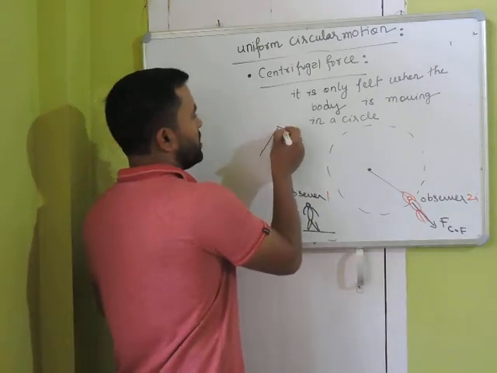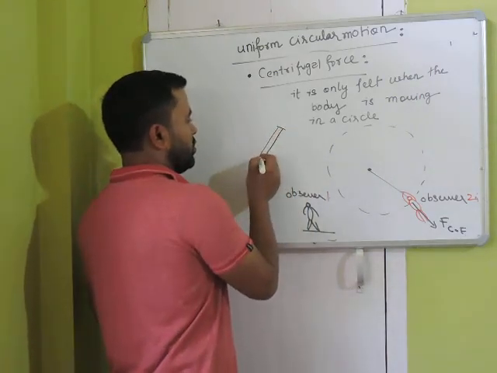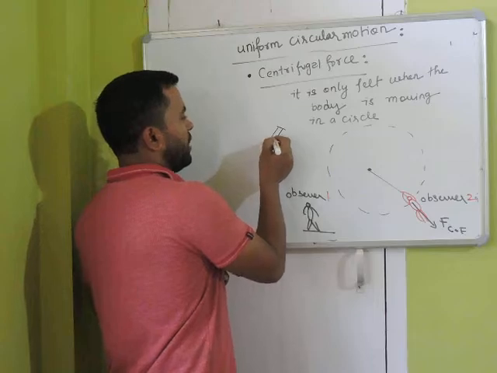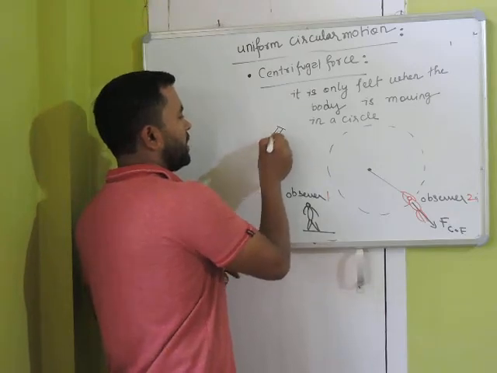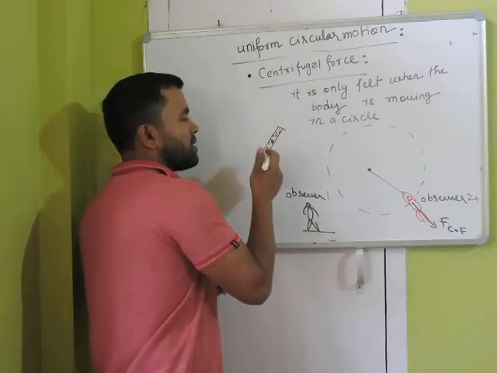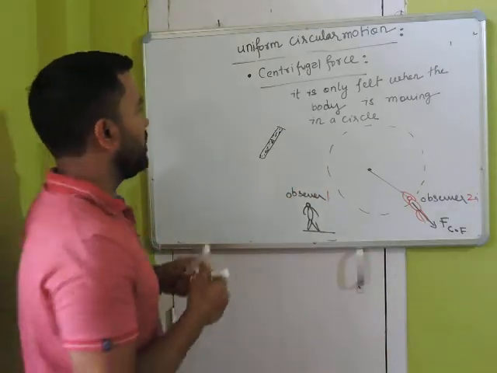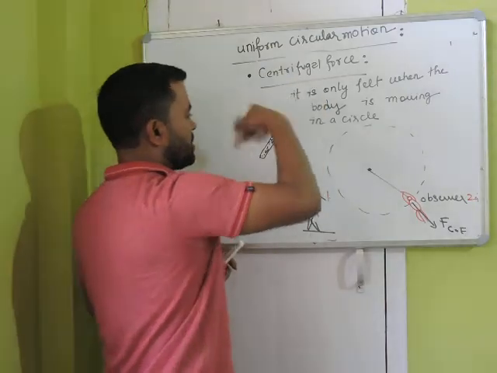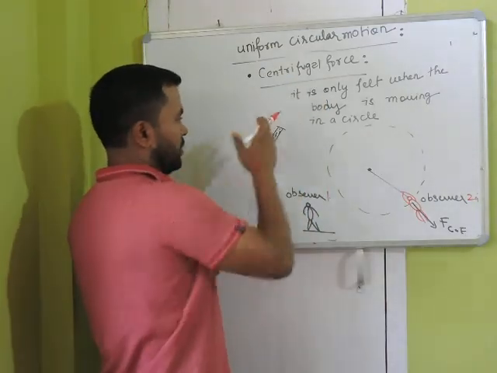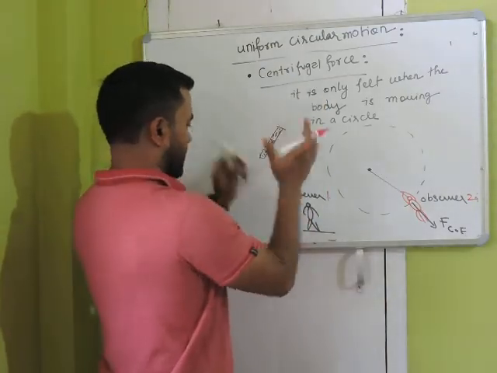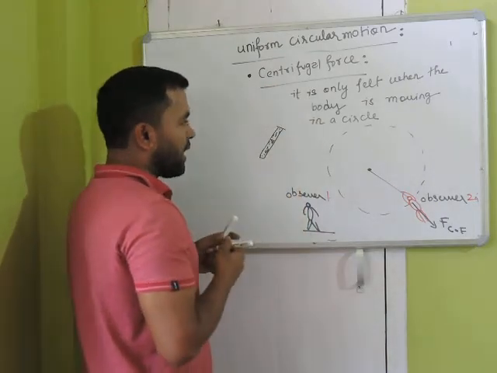So centrifuge is something like this. You take a test tube and you have liquid containing some more dense particles and some less dense particles. Now in a centrifuge you make this go in a circle. You place a lot of test tubes and make them go in a circle. Then what happens?